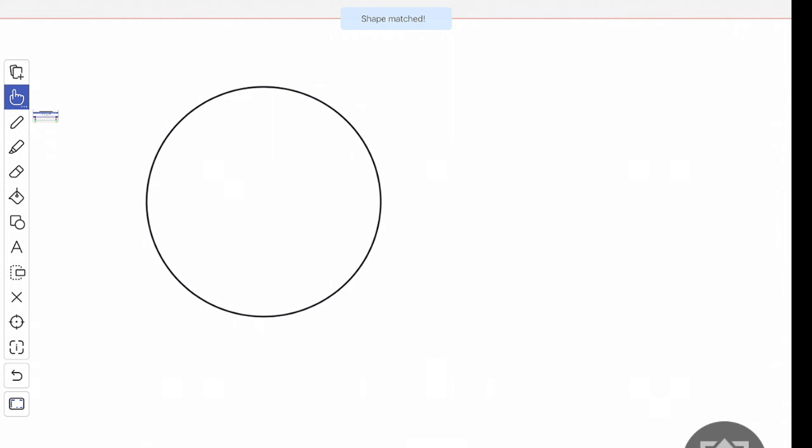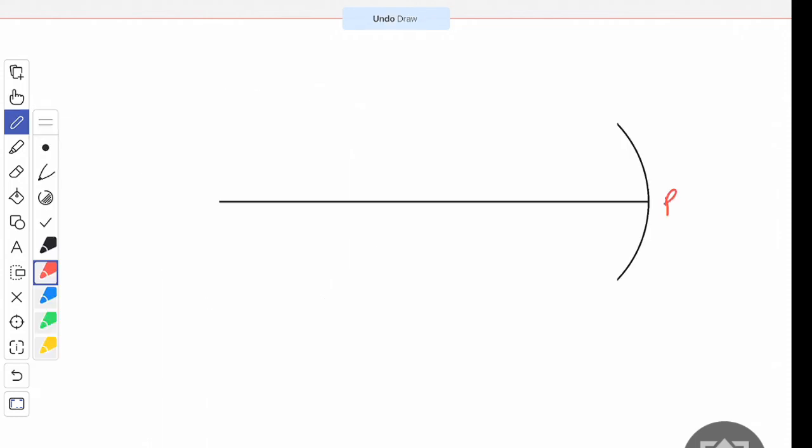Now let us say an object is at infinity, which basically means the object is very far from the mirror, and now there are two rays of light coming. So let's say there is one ray of light coming like this, and there is one ray of light like this.